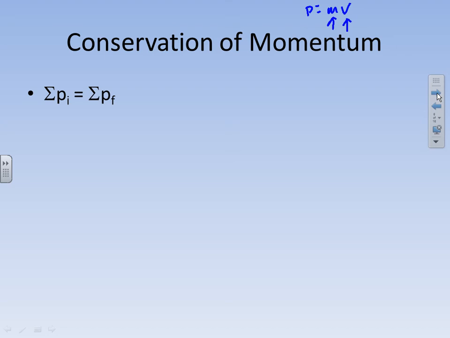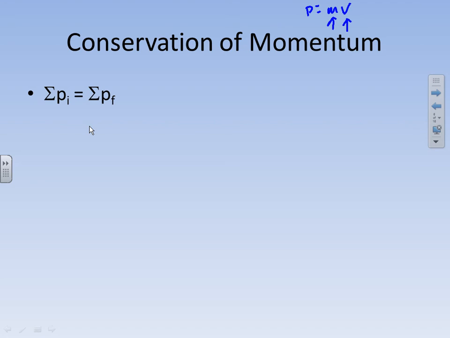The sigma means the total, the p represents momentum, the i stands for initial, right? And that means that over here, sigma p_f would represent what? Total final momentum. And because of the conservation idea, what has to be true about the total initial momentum and the total final momentum? They have to be equal.